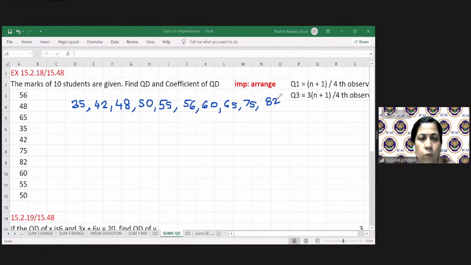Let us check 1, 2, 3, 4, 5, 6, 7, 8, 9, 10. So I have written all the 10 numbers in place.